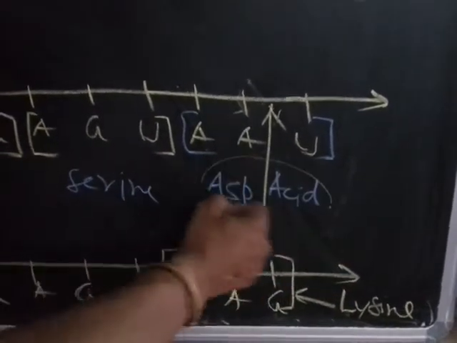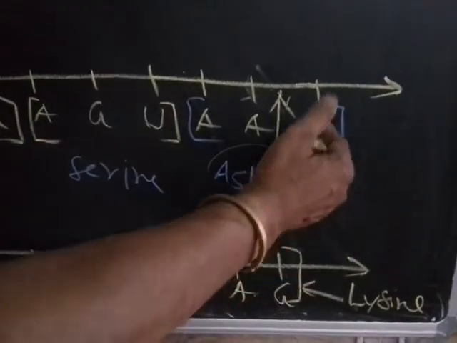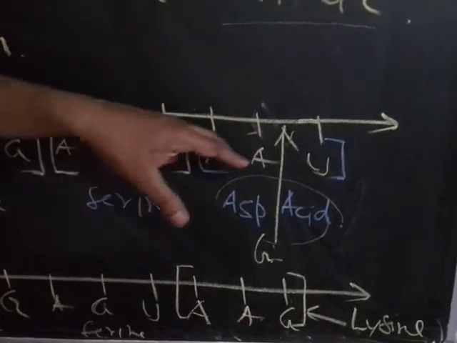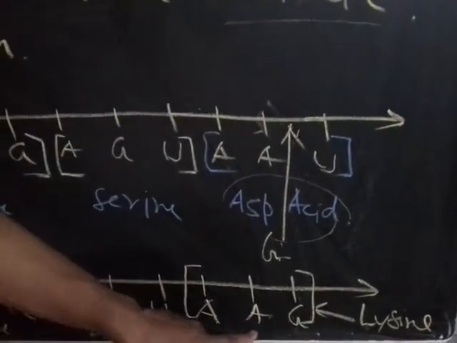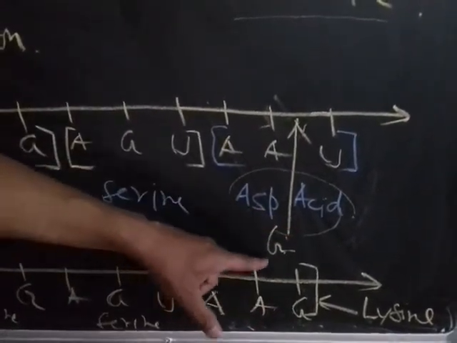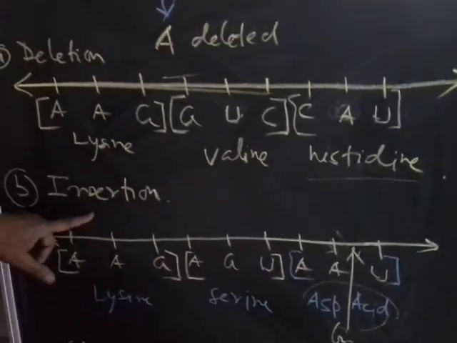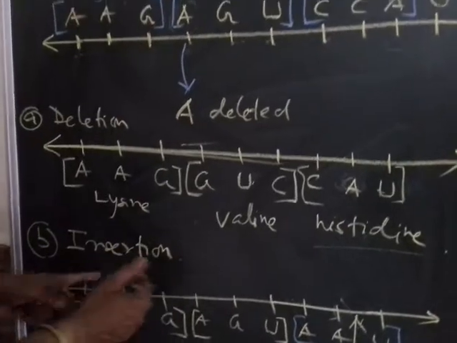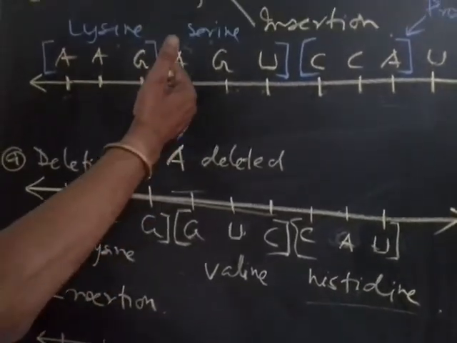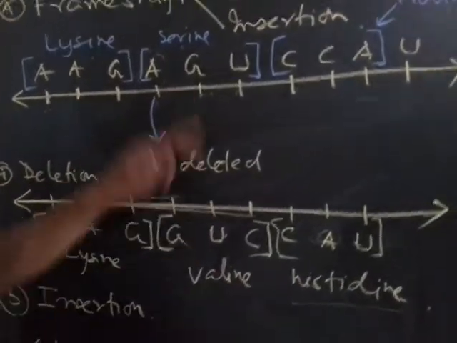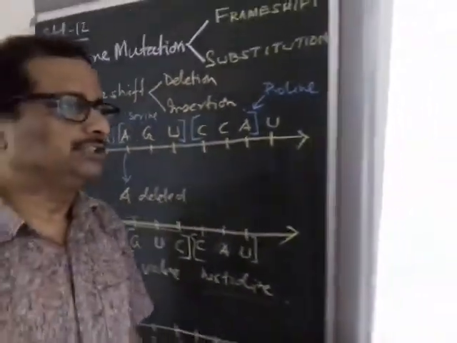So aspartic acid changes into lysine, and henceforth the rest of the amino acids will also change because the whole frame changes because of the addition of one nitrogenous base at this point. This is another type of frameshift mutation where insertion has occurred. So frameshift mutation can occur due to deletion, or it can occur due to insertion. These are the two types of frameshift mutation.